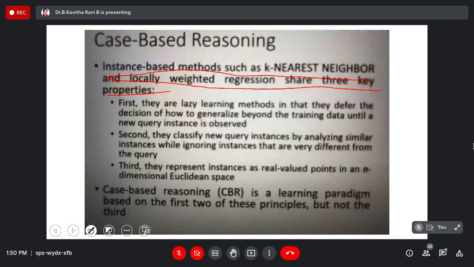Third, they represent instances as real-valued points in an n-dimensional Euclidean space.